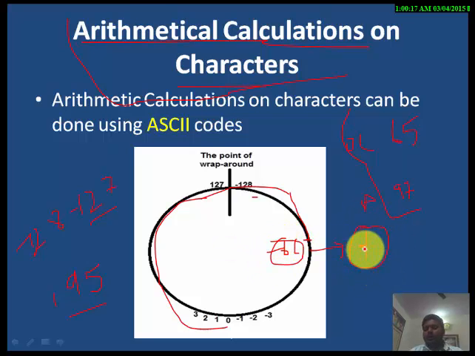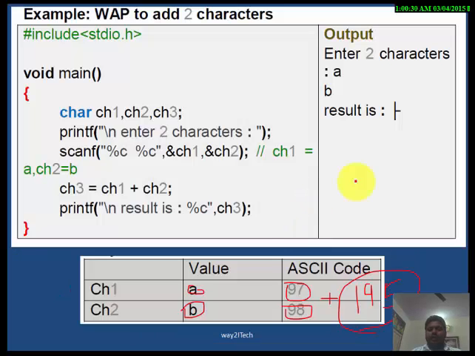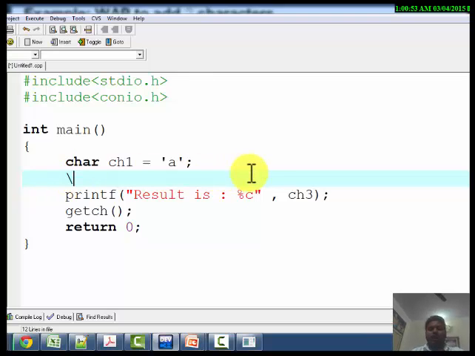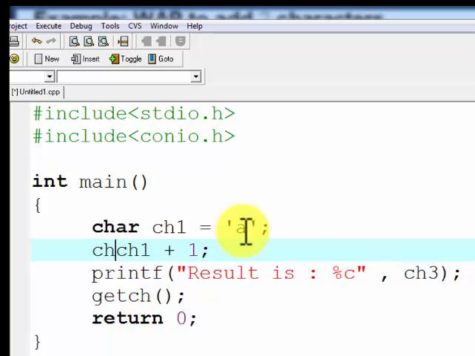This might be the character corresponding to this ASCII code. So in this way we are getting the result. You can try one program where I add 1 in A. I have taken a character whose value is A, so I add 1 in A. ch1 is equal to ch1 plus 1, and I will print the value.